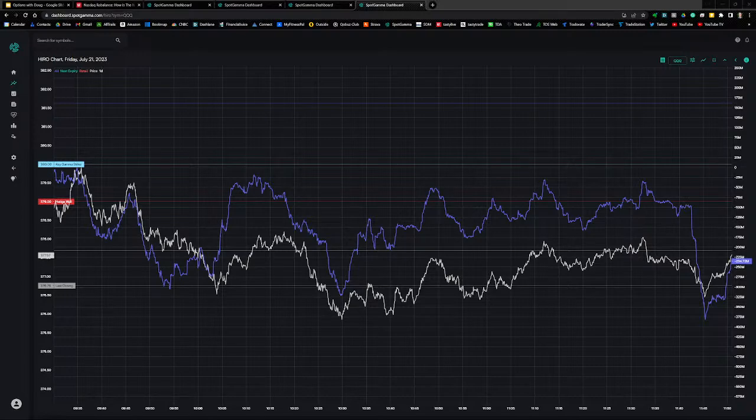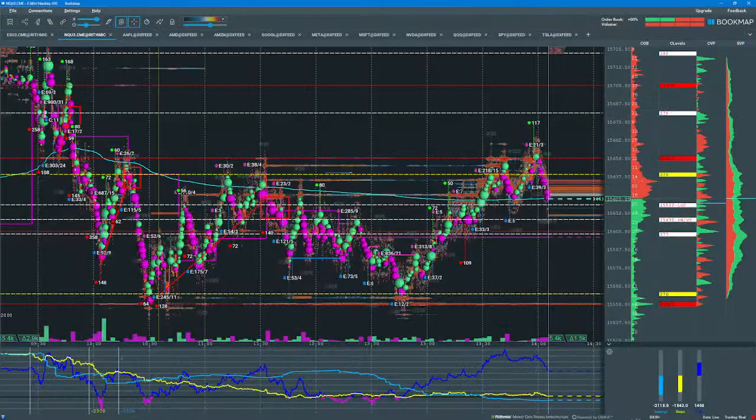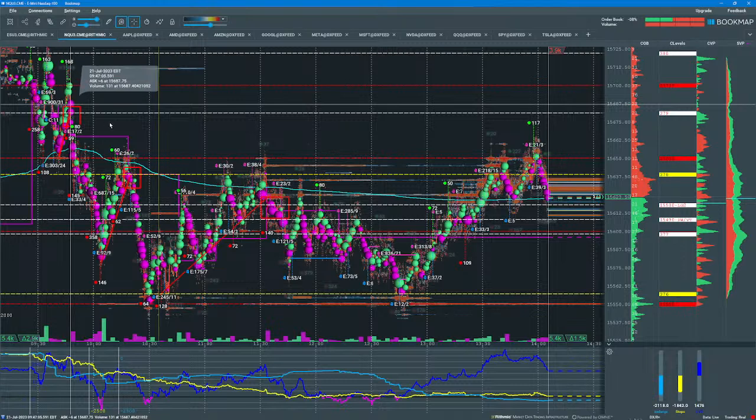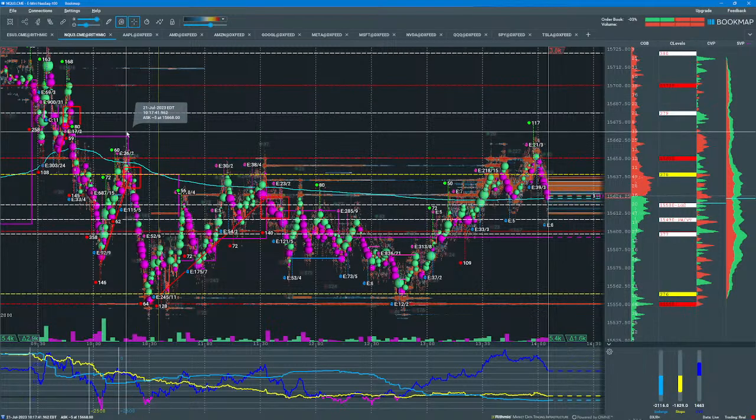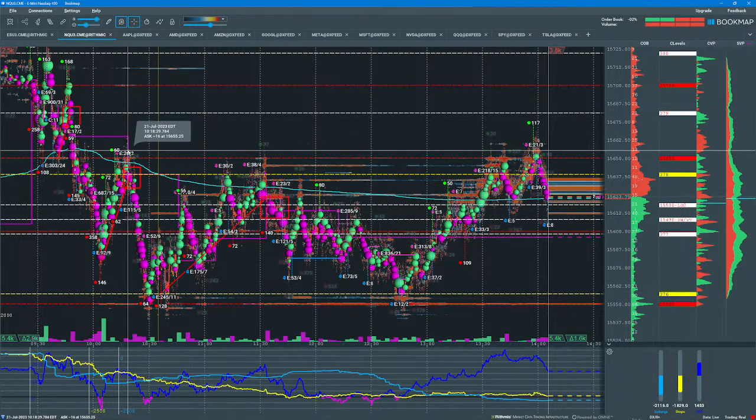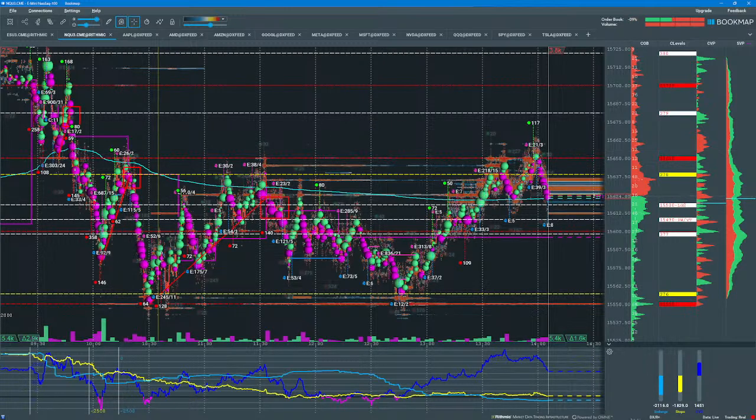And this is showing setups. Let me just go back and check the times on Bookmap. So the first around 9:45, and the next at 10:15, and then 11:30. So let's check those on Hero.